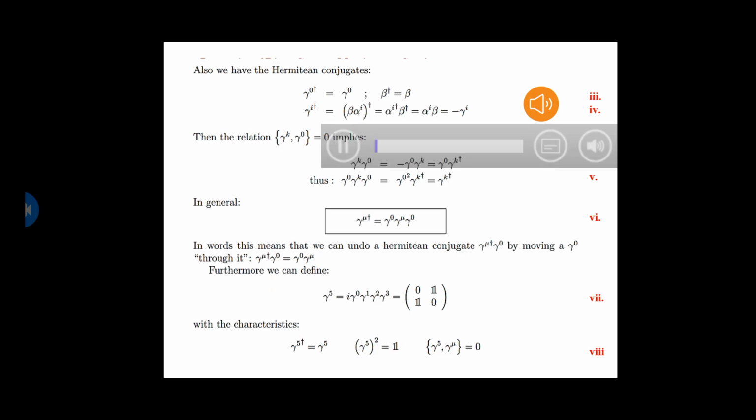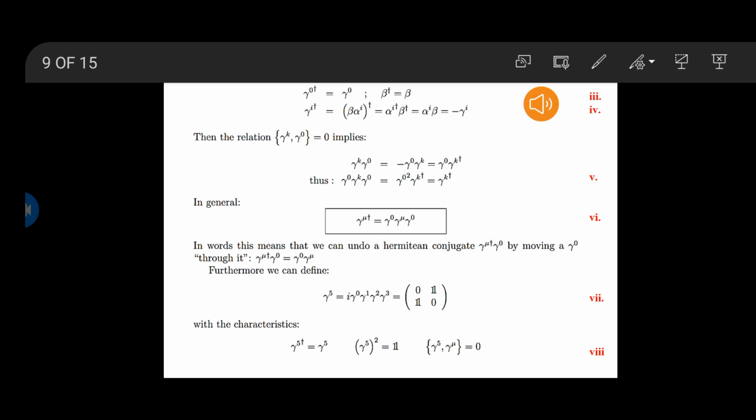Now the remaining properties of Dirac gamma matrix. Also we have the Hermitian conjugate. Here gamma naught Hermitian is equal to gamma naught, and beta Hermitian is equal to beta. This one is the third property, and the fourth property is that gamma iota Hermitian is equal to beta alpha iota Hermitian, is equal to alpha iota Hermitian beta Hermitian, which is equal to alpha iota beta, which is equal to minus gamma iota.